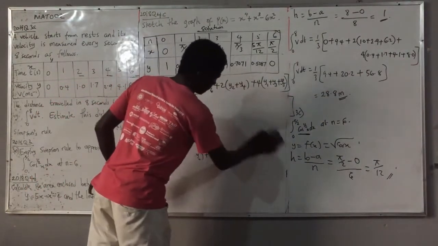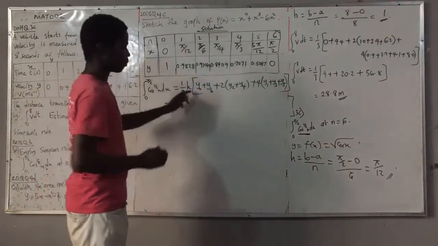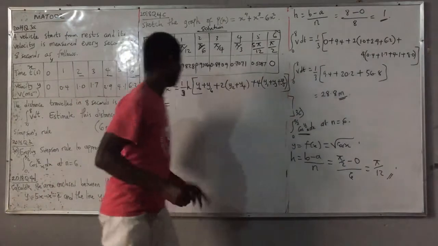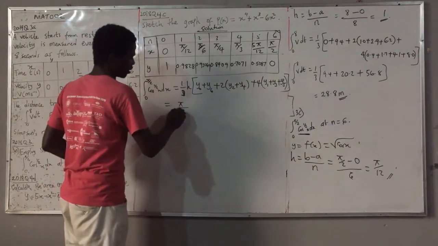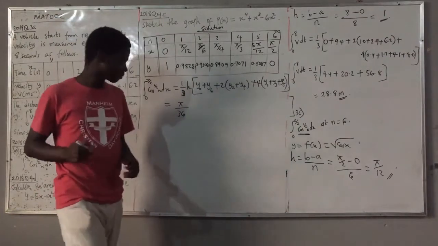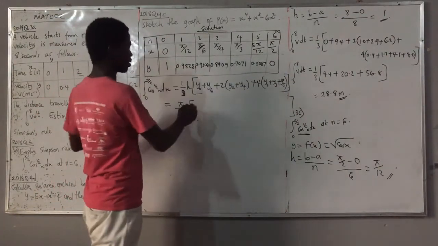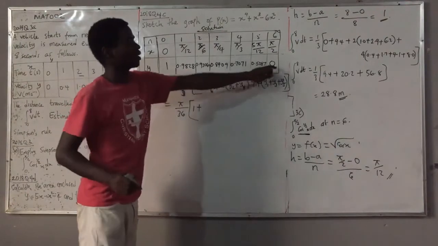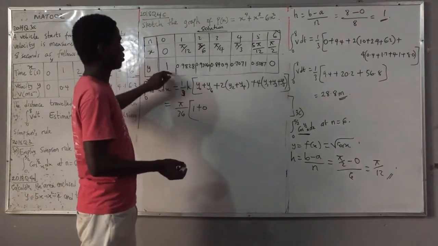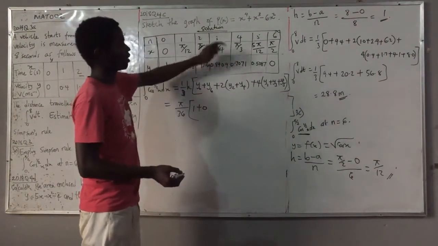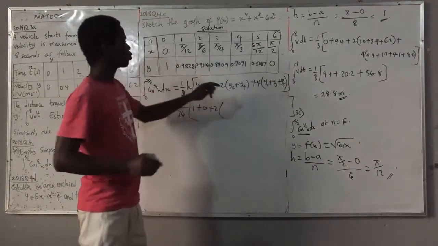Now to finish this, h is pi over 12. So 1 over 3 times pi over 12 is pi over 36, right? Open bracket. You will now be adding y naught, which is 1, and y6, which is 0. Here n is 6: y naught, y1, y2, y3, y4, y5, y6. Plus 2 times y2 plus y4.